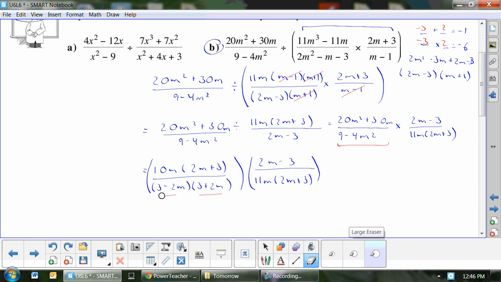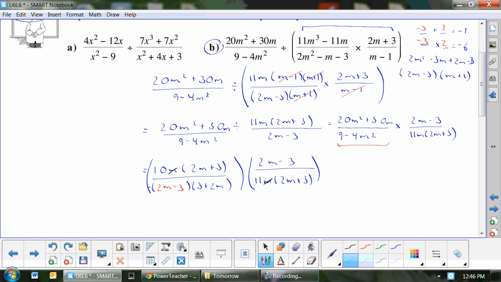So what would you have to do if you wanted to do that? Exactly. So let's do that right now. We want this in the 2m minus 3 form. So we divide it by a negative, and we make it 2m minus 3. So now we can start canceling things out. So we go, okay, well, 10 and 11 don't have a common factor, but those m's can go.